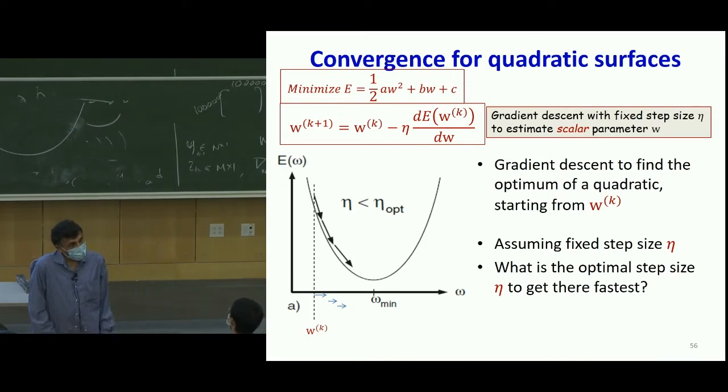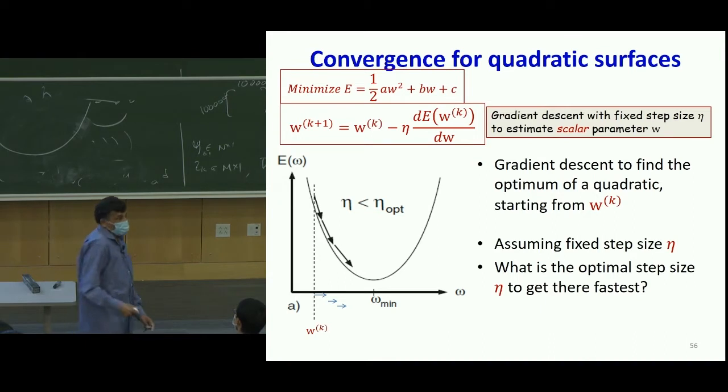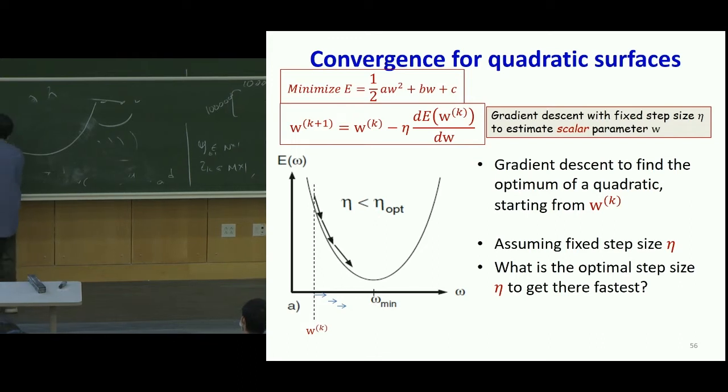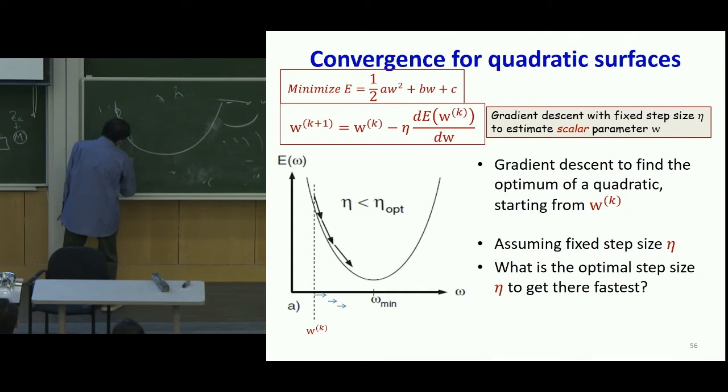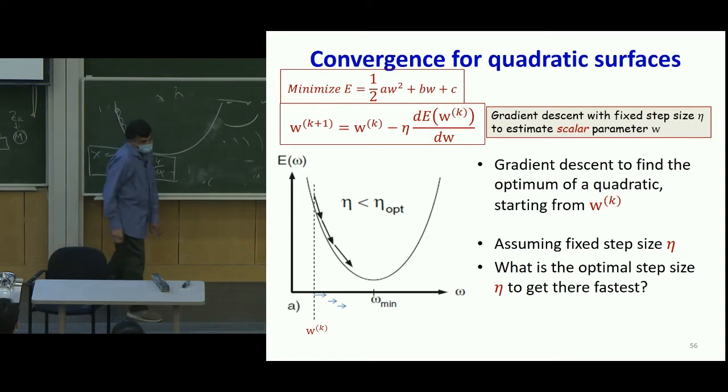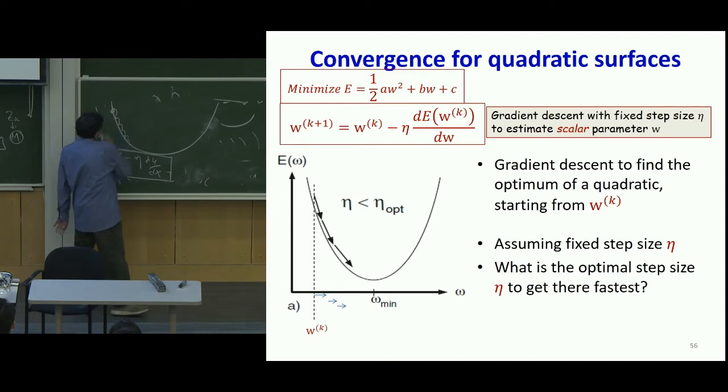Okay. Now, if I want to use gradient descent, what will I do? I'm going to start at some point, and I'm going to just say, x is going to be x minus some eta times dy over dx. This is my gradient descent rule, correct? Now, suppose I start off at some point.